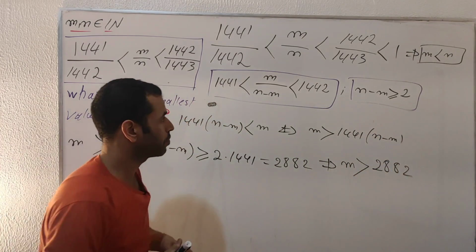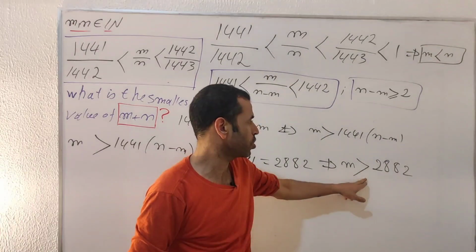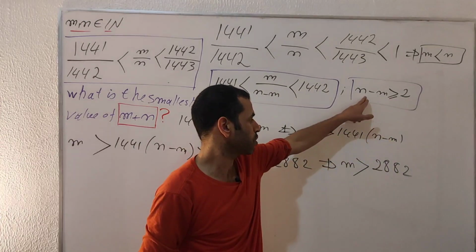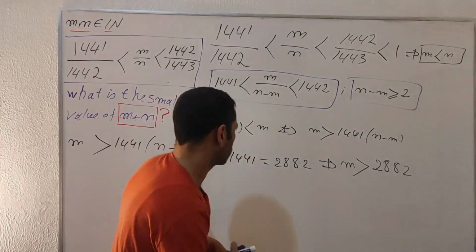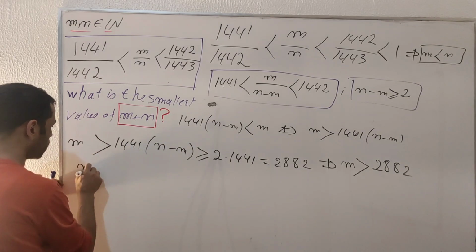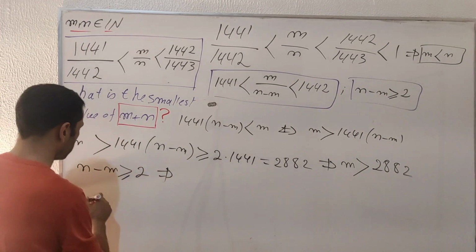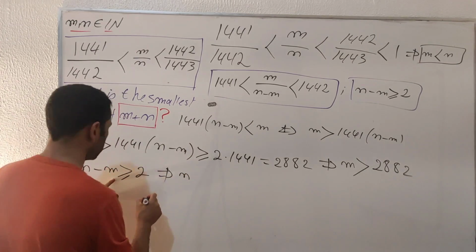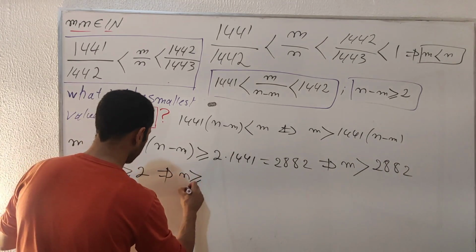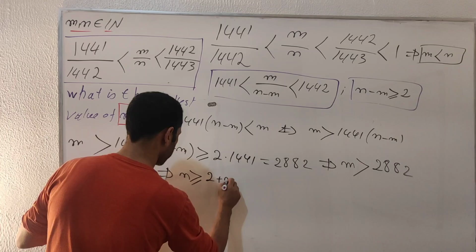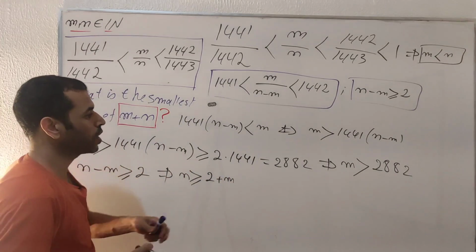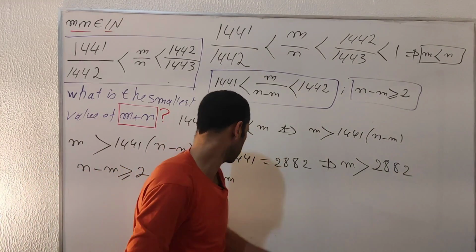This is for m. Based on this new information, I'm also going to express n. I already have n minus m is superior or equal to 2. By taking this m to the right, I get n is superior or equal to 2 plus m. We already have m is strictly superior than this one.